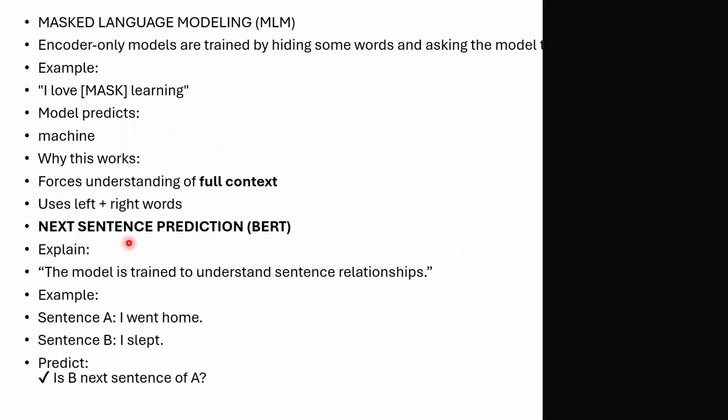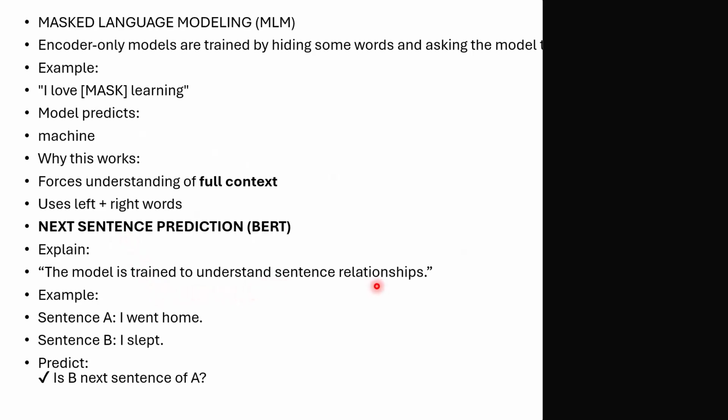So coming to the next step, next sentence prediction. In BERT, the model is trained to understand sentence relationships. Let's take the example of a paragraph. We have different sets of words and different sentences.